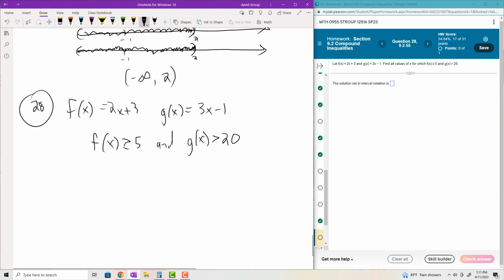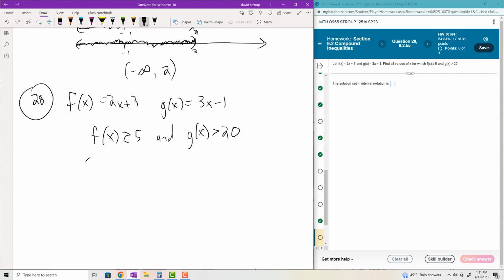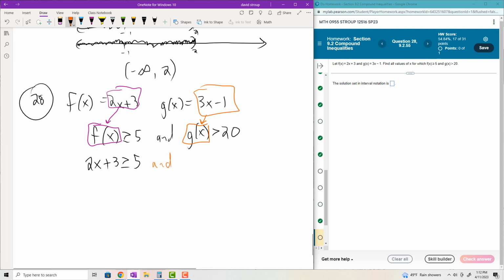So it's an intersection problem. So first I'm plugging in 2x plus 3 for f of x. So basically I just took this and plopped them in there. And then for the other guy, you're taking the 3x minus 1 and putting them in for g of x. 3x minus 1 needs to be greater than 20.